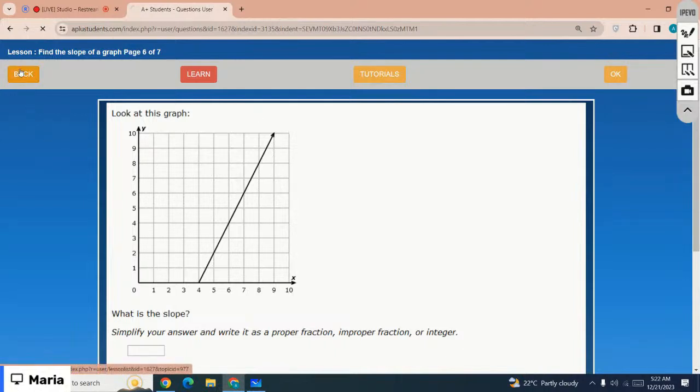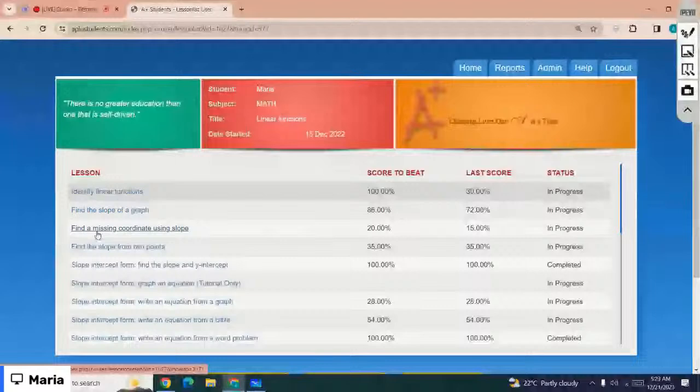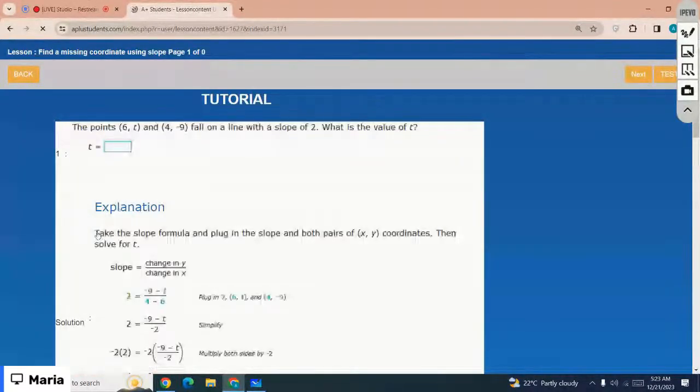And the next lesson is find a missing coordinate using slope. So you are given the slope and one of the coordinates is missing.